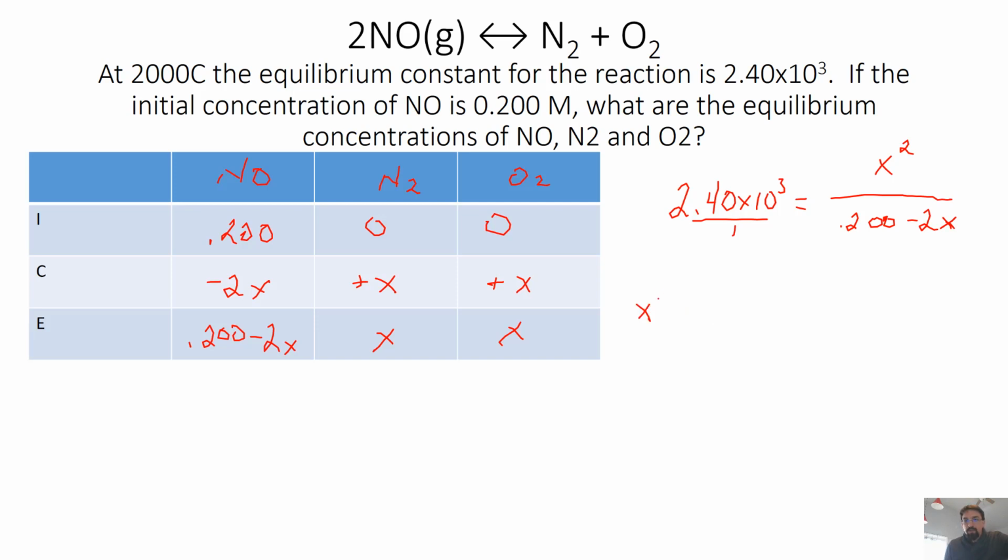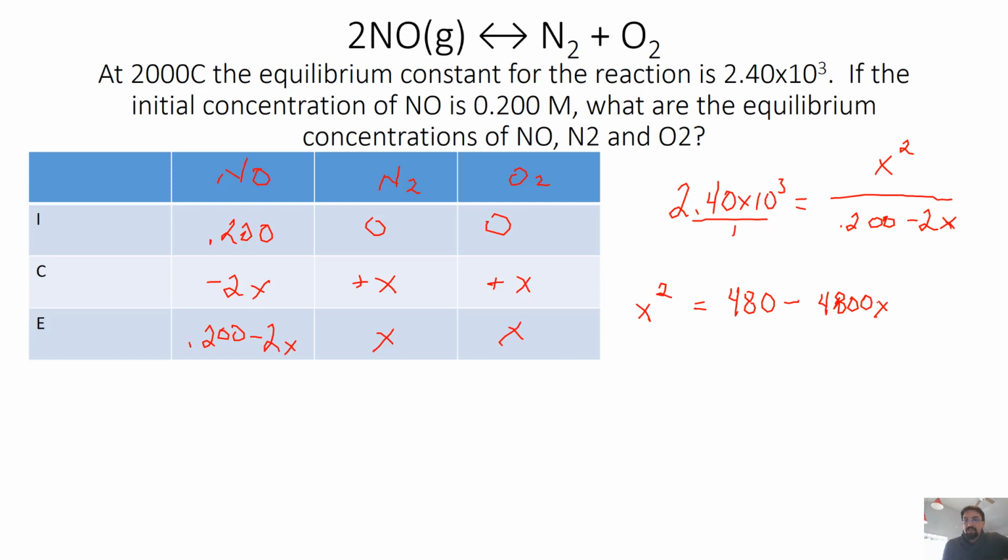So we're going to wind up with X squared being equal to, and on the other side, I'm going to get 2.40 times 10 to the third times 0.2, which is going to wind up being 480. And I'm going to subtract from that 2.40 times 10 to the third times 2, which is basically 4,800X.